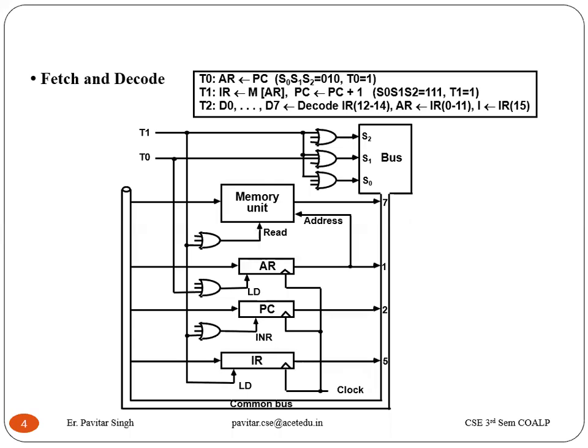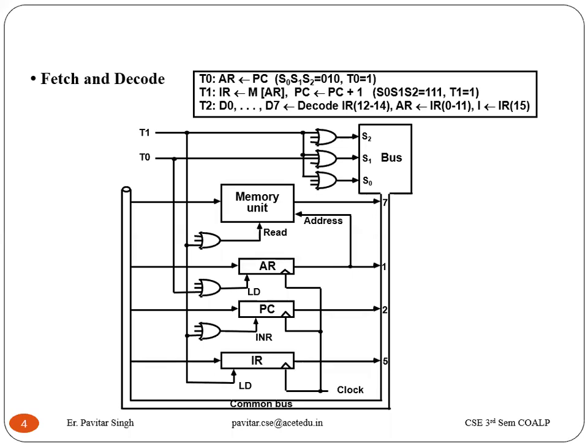These are the first two phases of the instruction cycle, fetch and decode. What does fetch and decode mean? Here you can see timing signal T0. First of all, the program counter will give the address of the first instruction to the address register, where T0 is equal to 1.